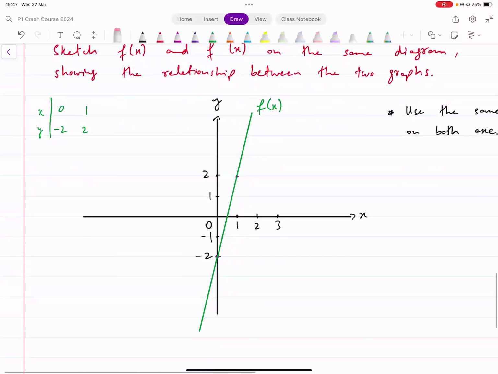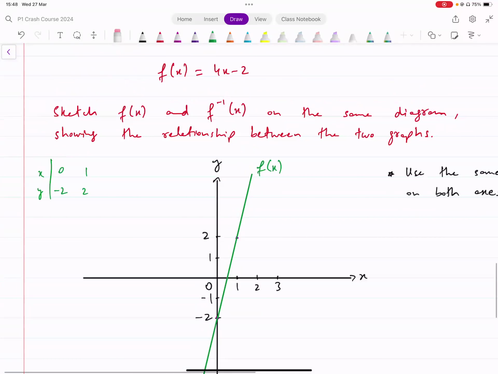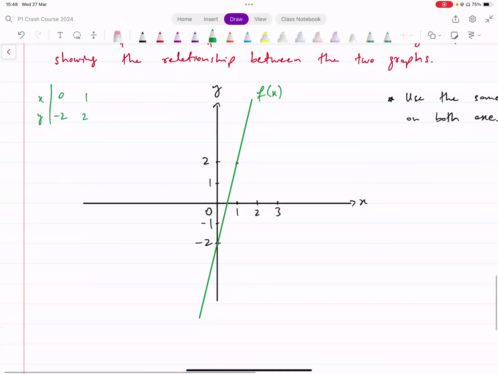Now, what about the graph of f inverse of X? We could find the function f inverse of X here if we wanted, and then input values in that function, take a couple of points and then draw that. That is one possibility. However, since we know in an inverse function, the values of X and Y basically get interchanged. So this point is 0 and minus 2 on the original function. This point is 1 and 2 on the original function.